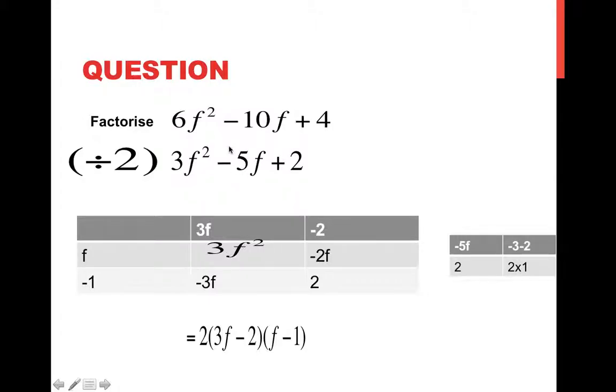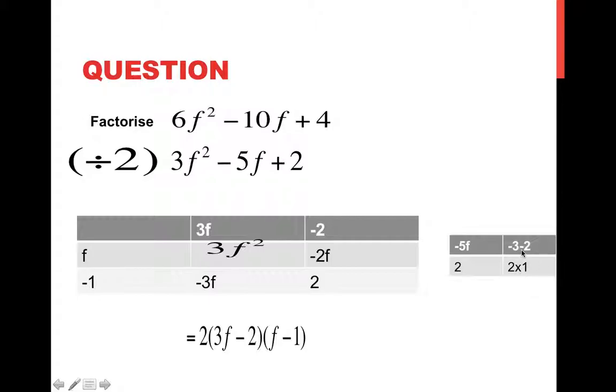We ignore this number here, then we put 2. Then we think to ourselves, right, what goes into 2? And we have a little table here, so 2 times 1 is 2. So, what do we have to do to 2 and 1 to get minus 5f? Or wait a second, we can times a number by 3. So 1 times 3 is 3, and then 2 is 5.